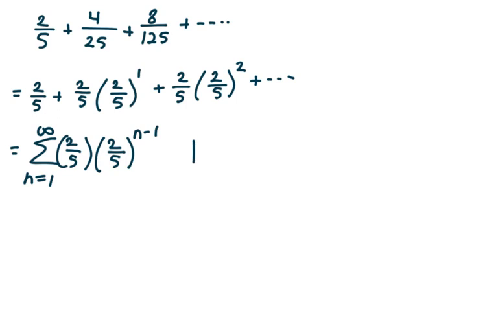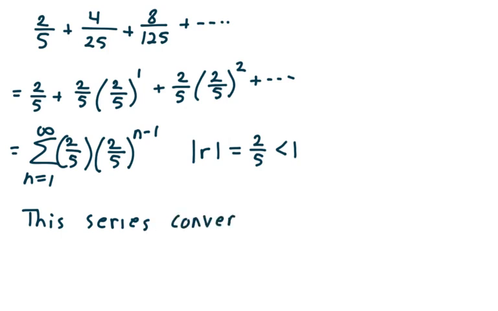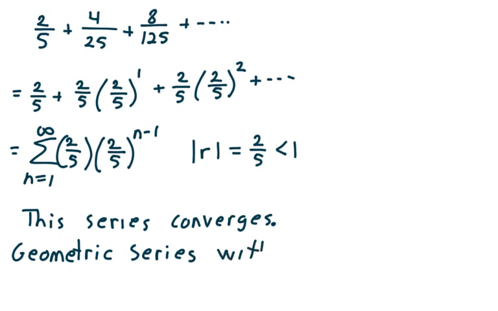Now, the absolute value of r equals 2/5, which is less than 1. This series converges, right? Same idea. And then this is a geometric series with the absolute value of r equal to 2/5, which is less than 1.